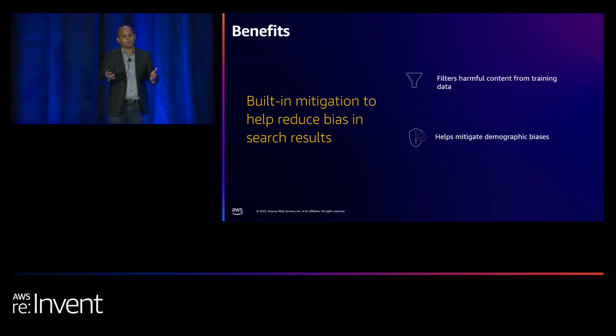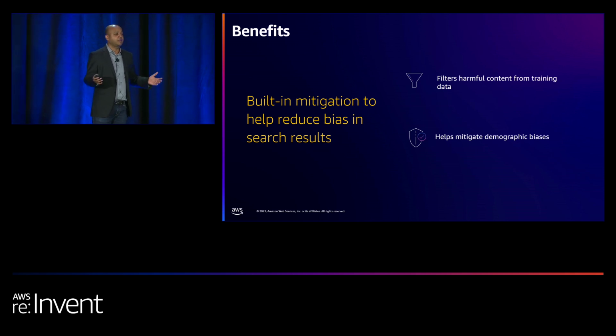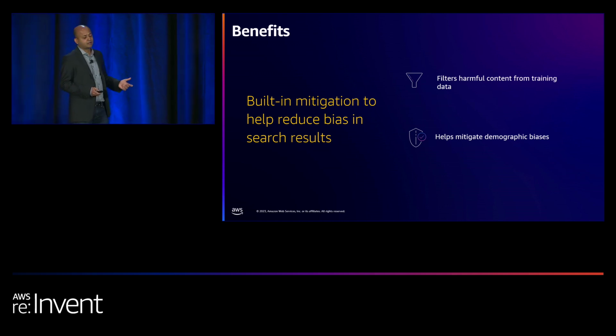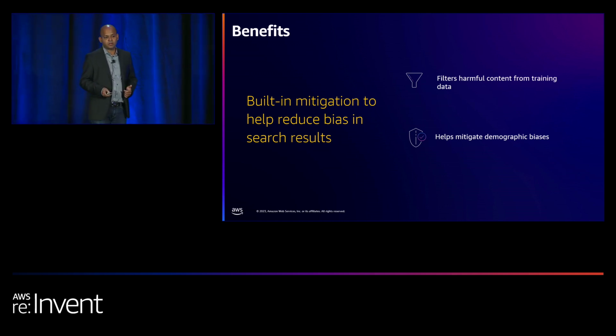Then we have a patent-pending technology that helps you minimize or mitigate all of that. So that's another benefit or differentiator that none of the other embeddings models will provide to you.